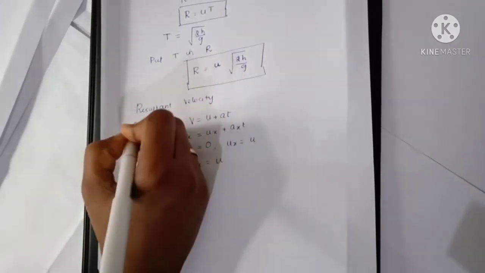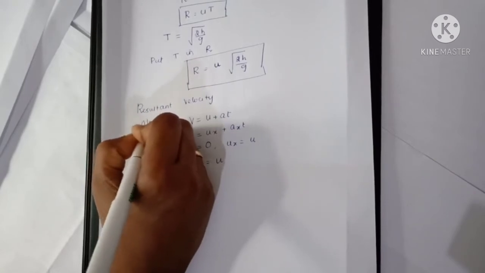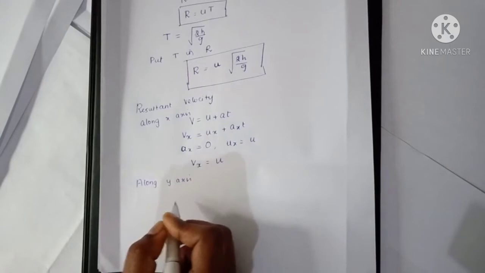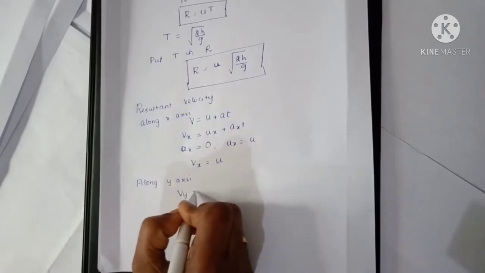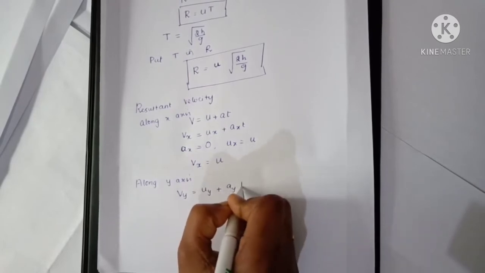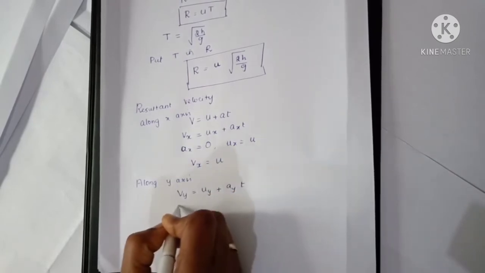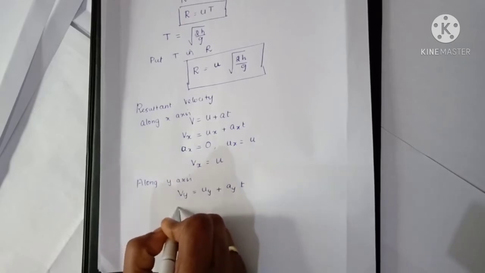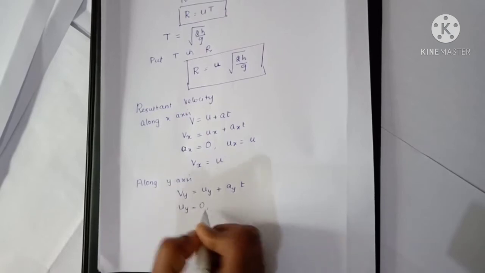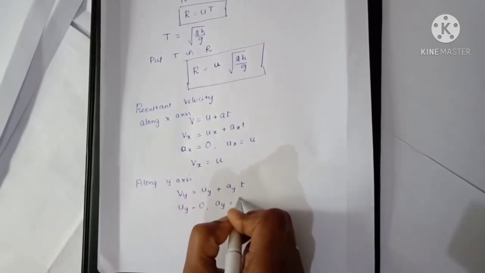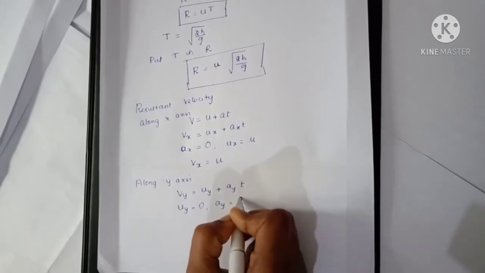And the velocity along the y axis is vy is equal to uy plus ayt, right? Here along the y axis there is no initial velocity, so uy is equal to 0, and the object moves due to gravity, so ay is equal to g, the acceleration due to gravity.